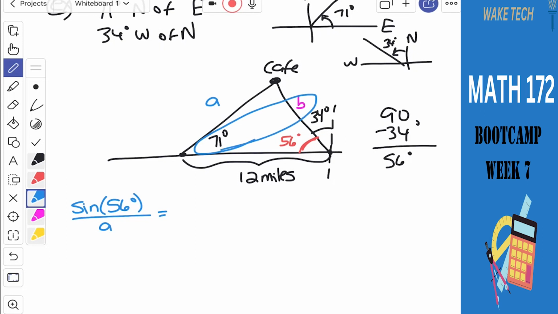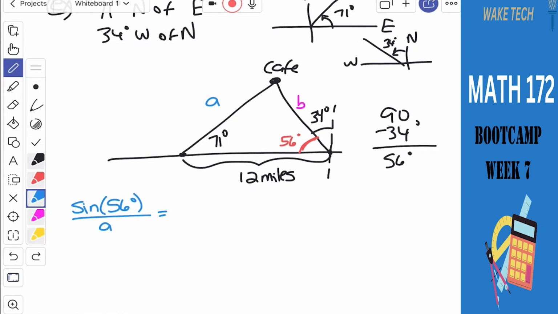Angle B and side B are a pair. Angle A and side A are a pair. Angle C and side C are a pair. So to use the law of sines, we have to know both an angle and the side opposite from it.